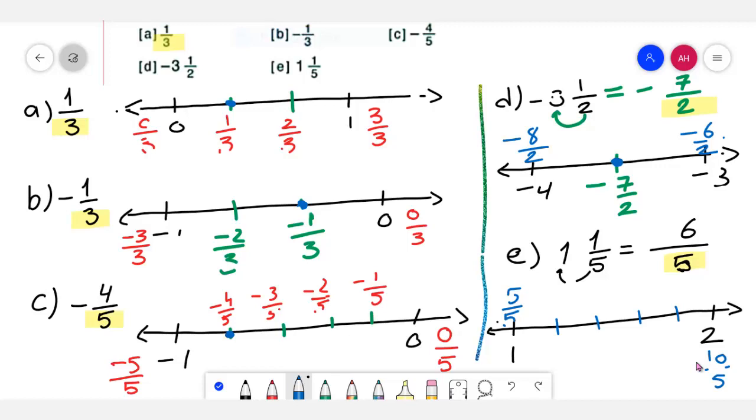So the rational numbers between them are 6 over 5, 7 over 5, 8 over 5, and 9 over 5. And here is the rational number he's looking for, which is 6 over 5.